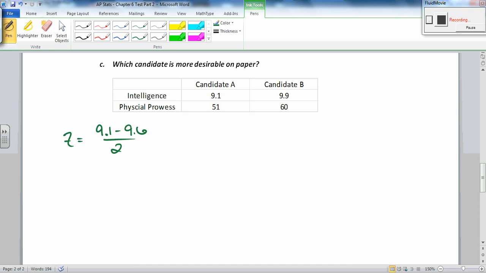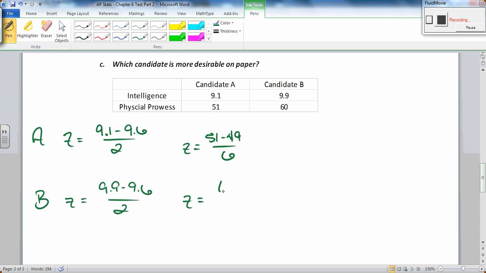This is candidate A. For candidate B, 9.9 minus 9.6 divided by 2. For physical prowess, it would be 51 minus 49 divided by 6.